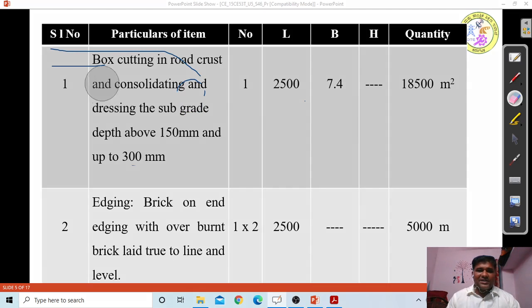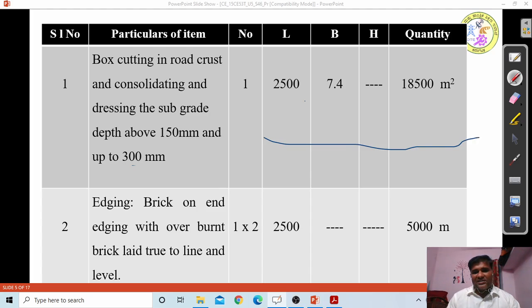So the first item is box cutting in road, crushed and consolidated, and dressing the subgrade, depth above 150 mm and up to 300 mm. The ground is there, and I am going to cut the earth with an excavator.